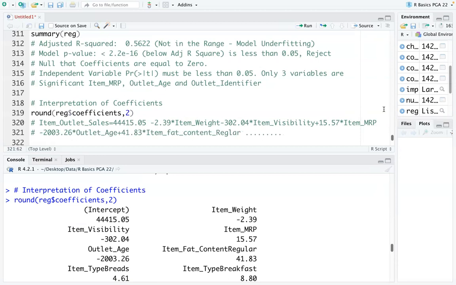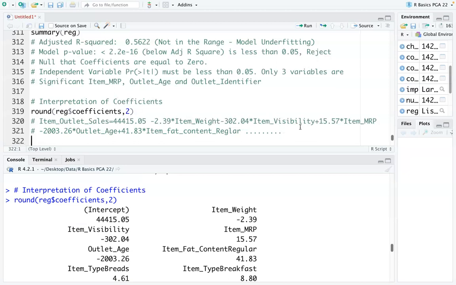I'm not typing the complete equation, but from these coefficients the regression equation will be created, and this regression equation will be used for prediction. From the summary of the regression output, the regression coefficients are separated and an equation is created, and these coefficients and the equation are used for predicting values.